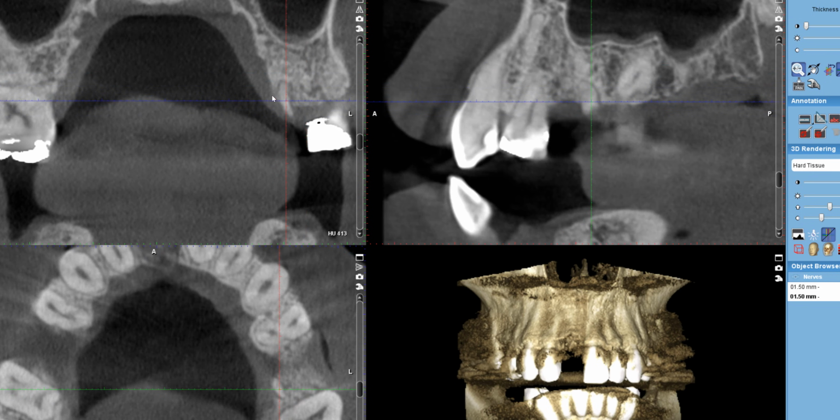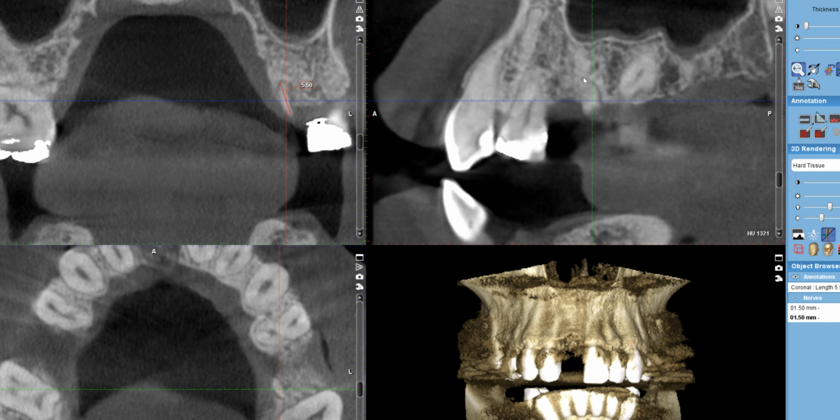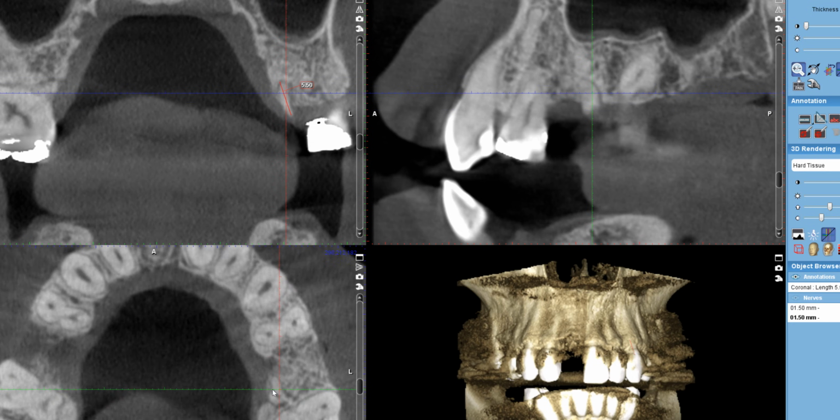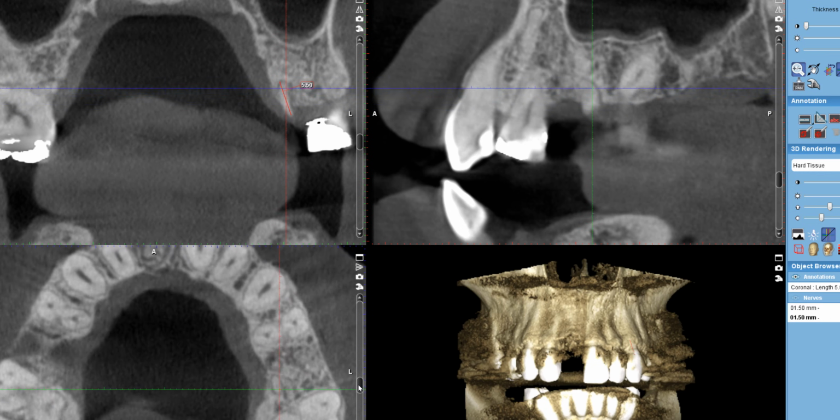So what is this linear opacity with a thin radiolucent rim that measures approximately 5.5 millimeter in length, and it's located palatally within the alveolar process? And also let's look at its shape in the sagittal view and also in the axial view. Not only that, evaluate where the location of this is within the alveolar process.